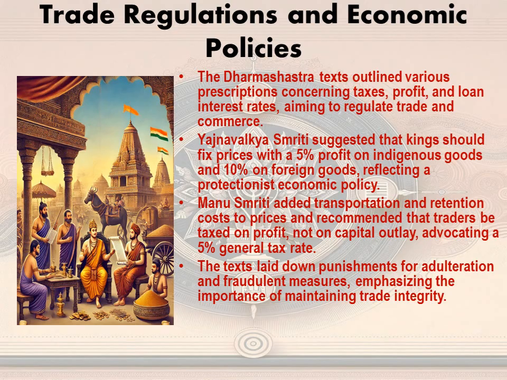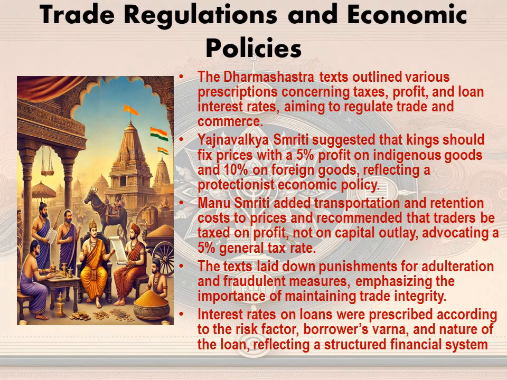The text laid down punishments for adulteration and fraudulent measures, emphasizing the importance of maintaining trade integrity. So, there were punishments also if one was involved in any kind of fraudulent practices. Interest rates on loans were prescribed according to risk factor, the borrower's varna, and the nature of the loan, reflecting a structured financial system.